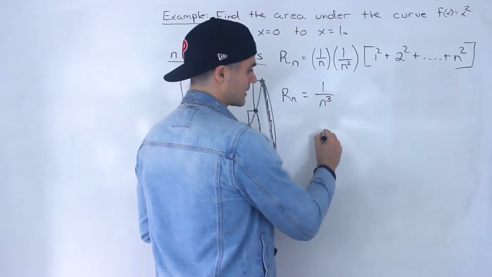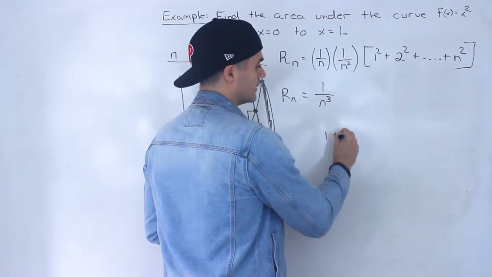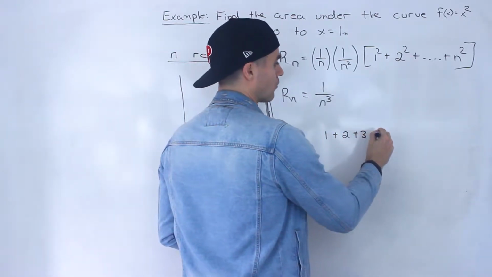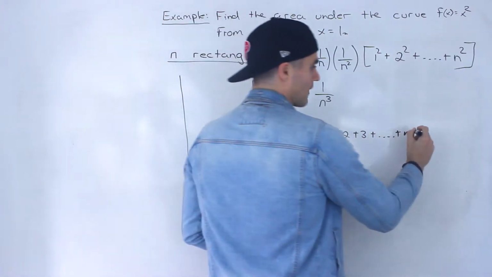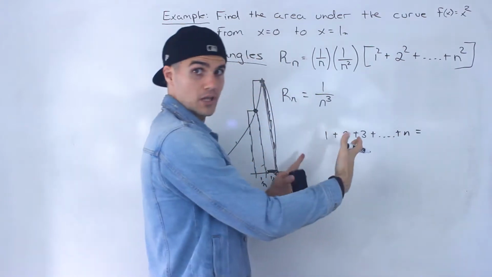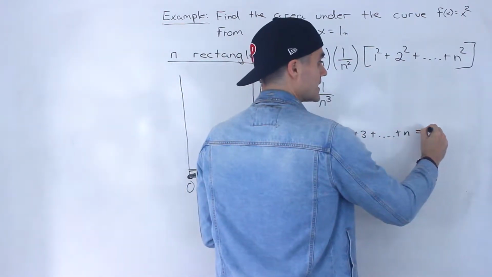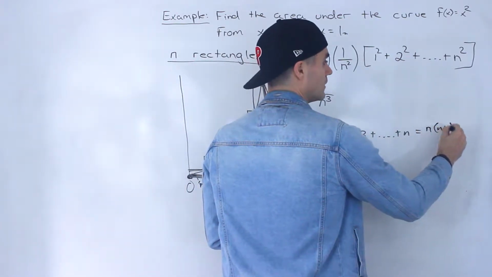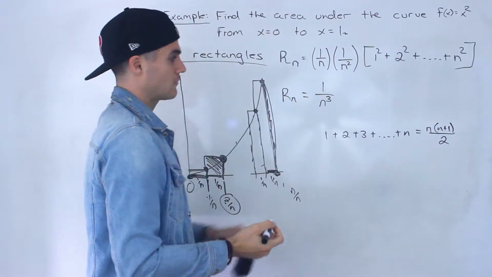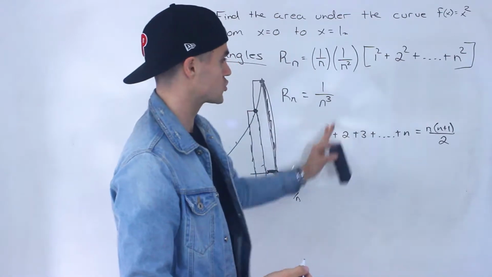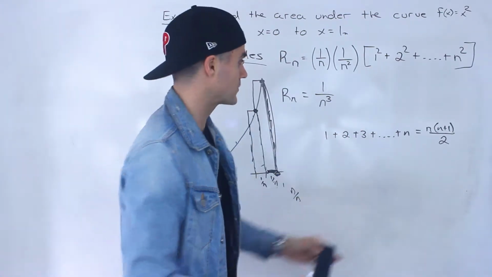So for example, let's say that you're adding from 1, 2, 3 all the way to n. Well, the fundamental formula for that series is n times n plus 1 divided by 2. However, notice it's not this, we're squaring each number, and there's actually a formula for that too.